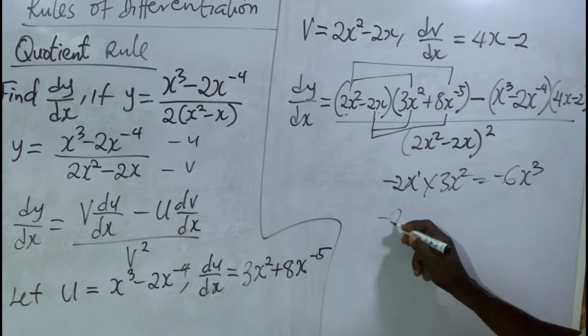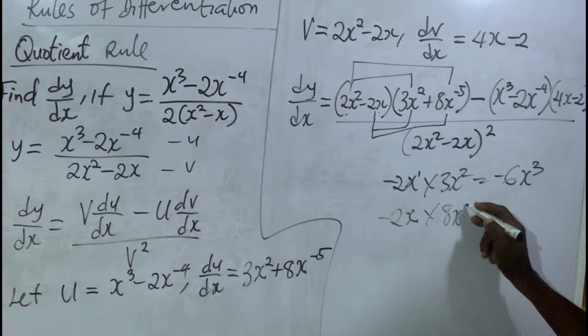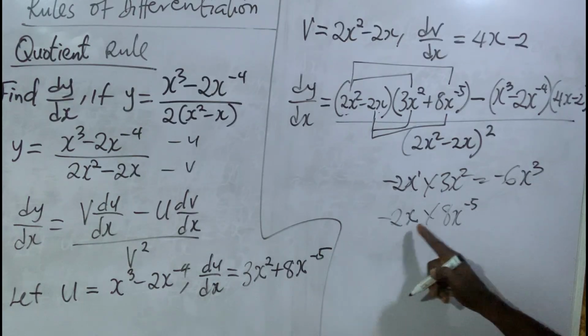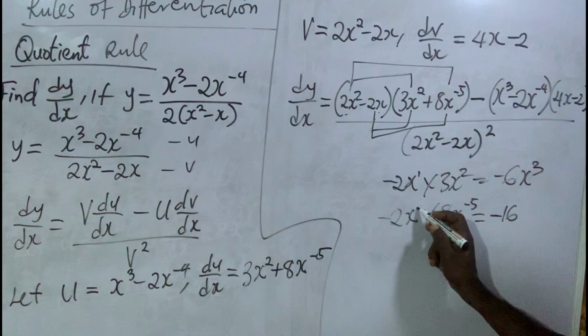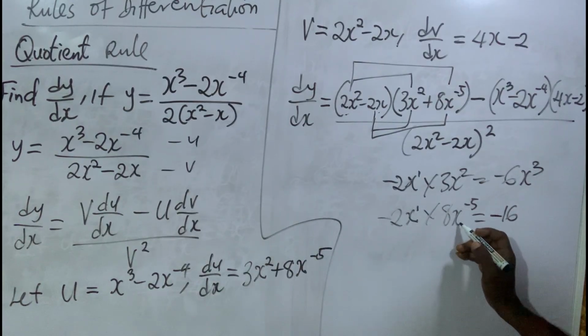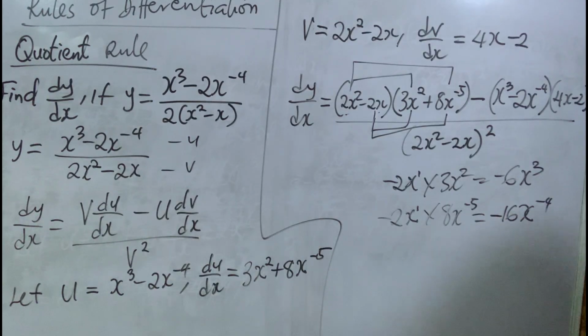Minus 2x again times 8x raised to power minus 5. Minus 2 times 8 will give us minus 16. This is power 1, so x times x raised to power minus 5 will give us, take the common base, add the power, 1 plus minus 5 is minus 4. So this is what happens when I expand. Okay, so let's do it in the main question.